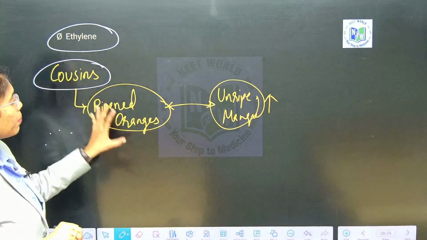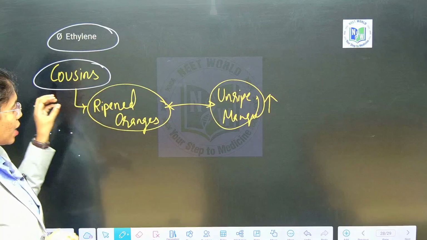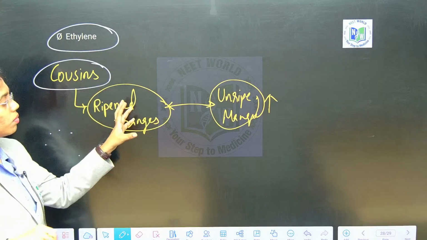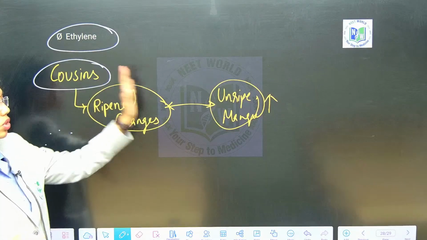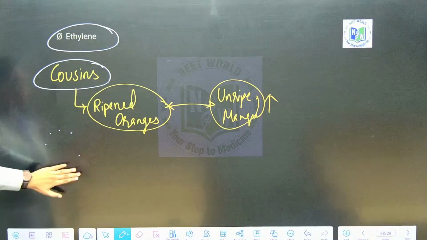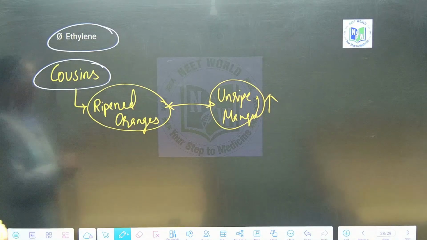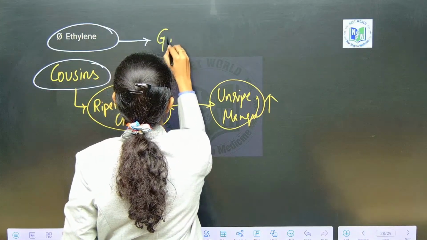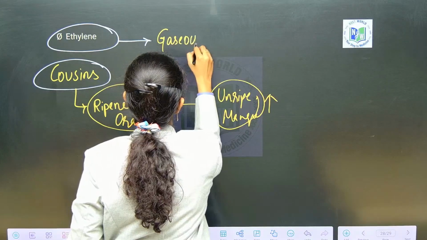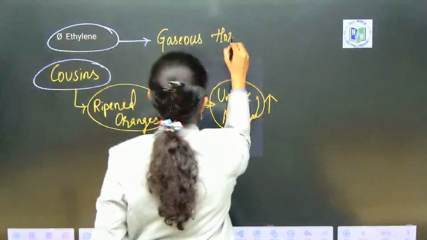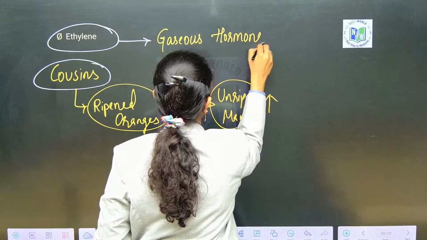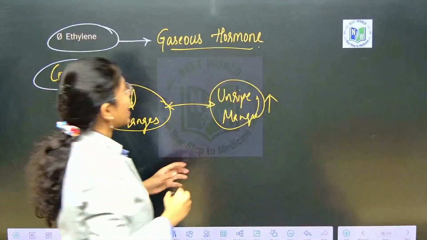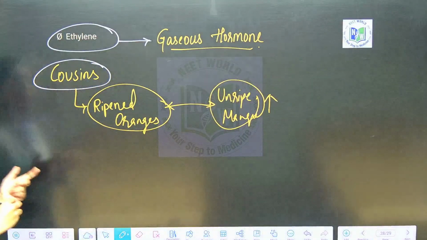So, there is some gaseous hormone being secreted from the oranges, which led to the ripening of the mangoes or bananas. So, ethylene is a gaseous hormone which enhances the ripening of other fruit.